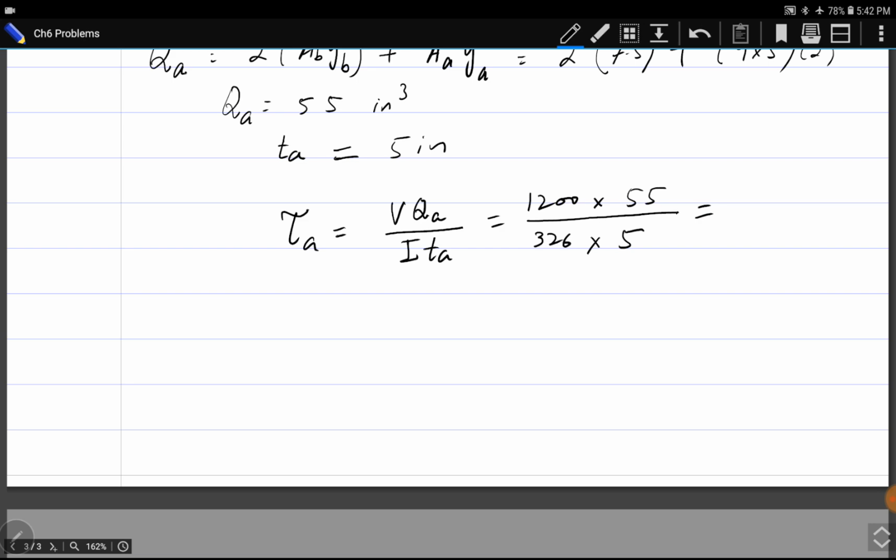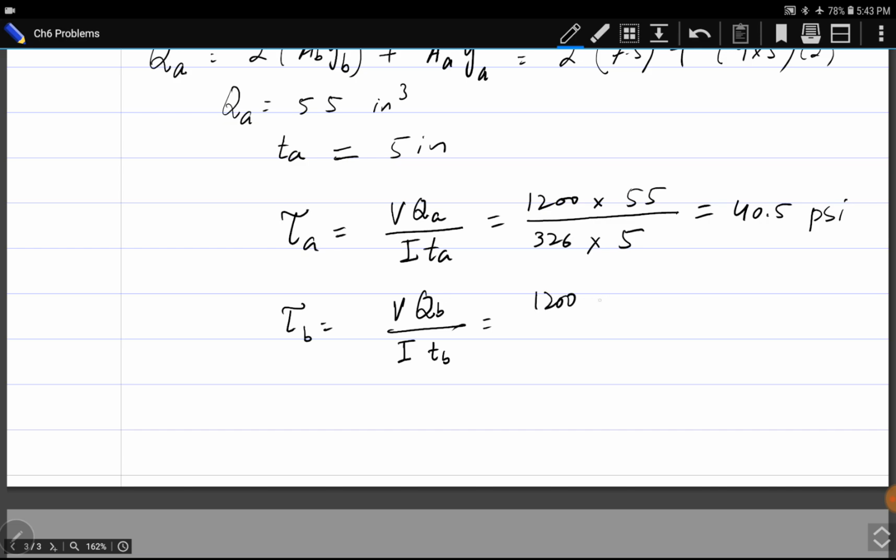So tau at A is 40.5 pounds per square inch. And tau at B is equal to V QB divided by I TB.